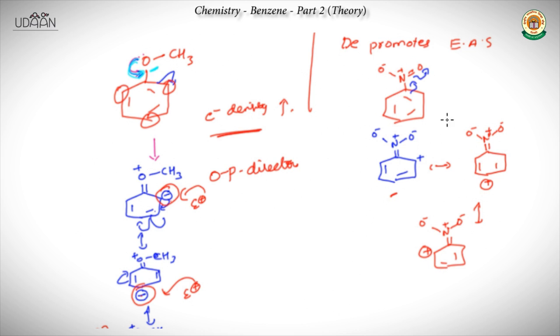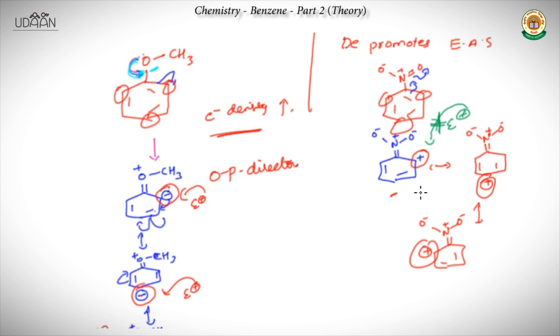Because of the presence of this NO2 group, positive charge has increased on ortho and para positions. That is, at these three positions you have more positive charge. As a result, it's not feasible for an electrophile which also has a positive charge to attack on this side.